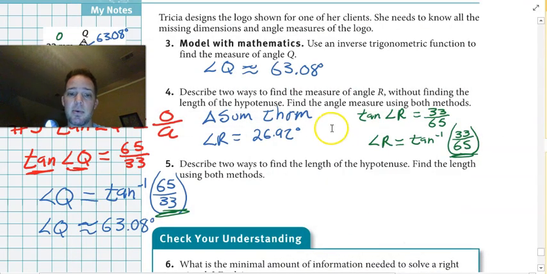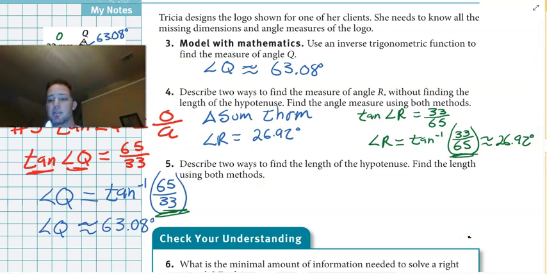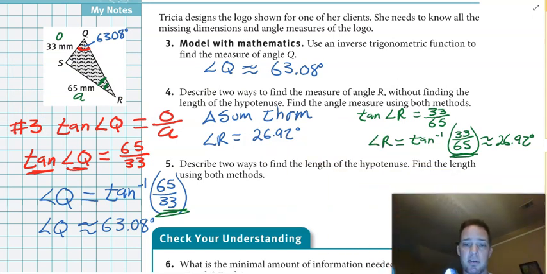That's exactly what we thought we were going to get, 26.92. All right, so either way, using triangle sum theorem, or if we were to use inverse tangent function to solve for that one, we get the same angle measurement.